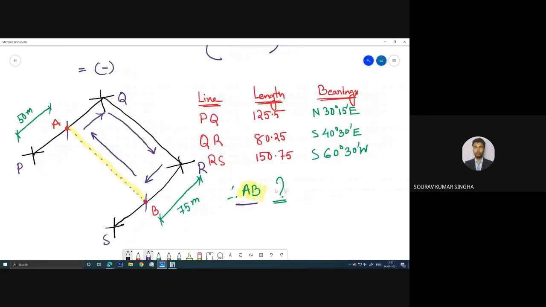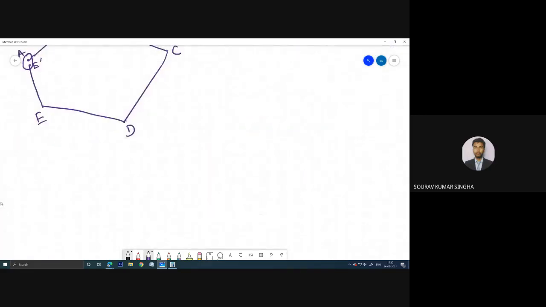We have done this kind of numerical where suppose AB, BC, CD and DA. Suppose here L given, theta given, L given, theta given, L given, theta given.